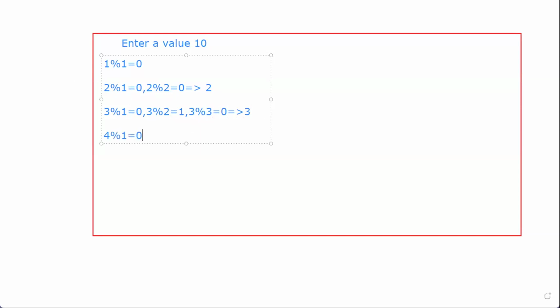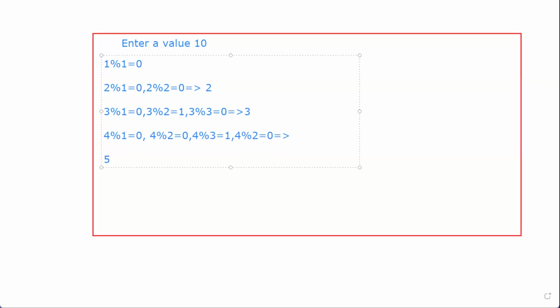Suppose I take 4: 4 divided by 1 is 0, 4 divided by 2 is 0, 4 divided by 3 has a remainder of 1, and 4 divided by 4 is 0. So how many zeros do we have? That means 4 is not a prime number. It has to skip. Then again, it has to start with 5.